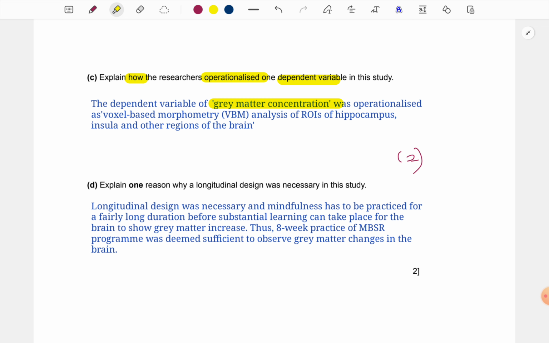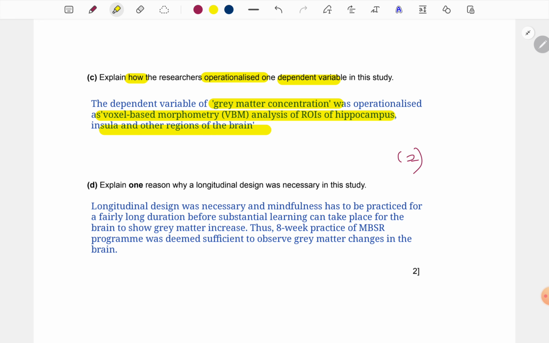And then operationalize, as I always say, exactly how they have measured in the study. So how did they come to know whether there's any increase in gray matter concentration? By using VBM analysis, voxel based morphometry analysis of regions of interest, that is ROIs, of hippocampus, insula and other regions of the brain.